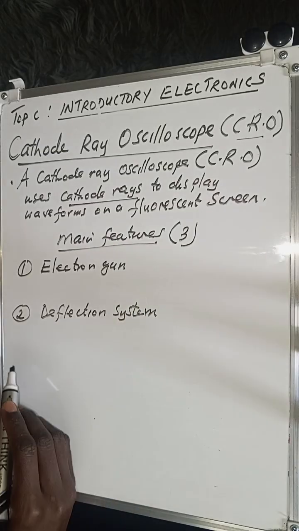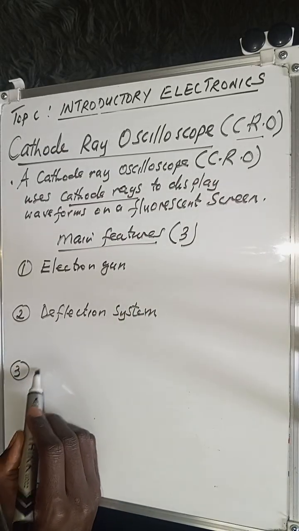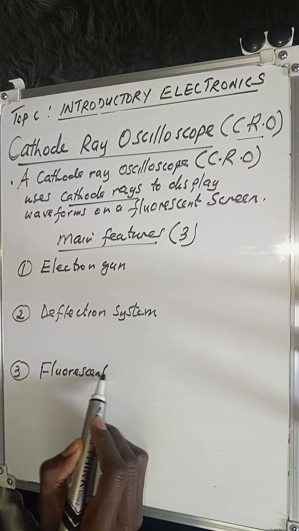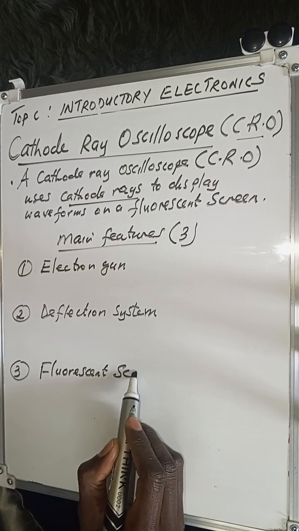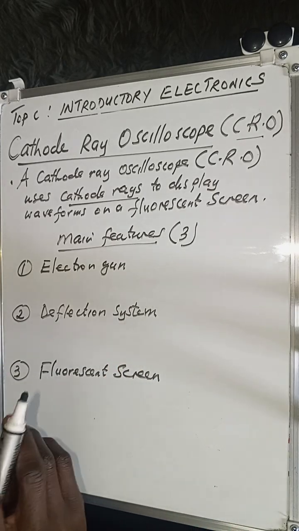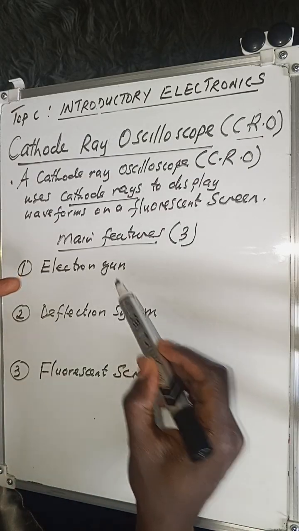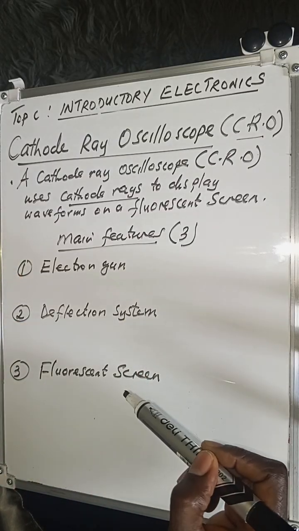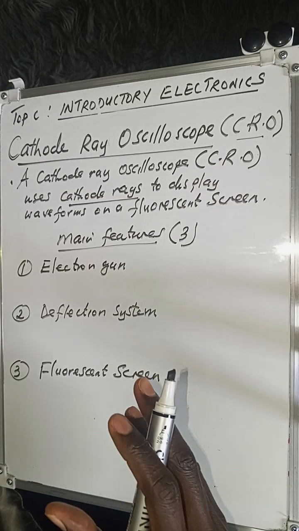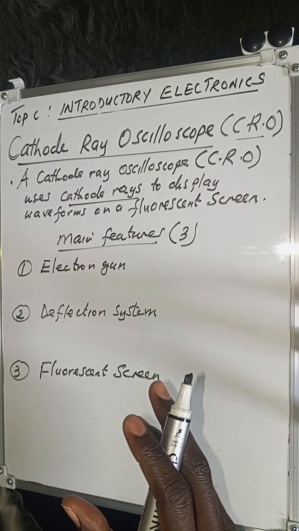Thirdly, the fluorescent screen. All of these are housed in an evacuated tube: the electron gun, the deflection system, and the fluorescent screen.